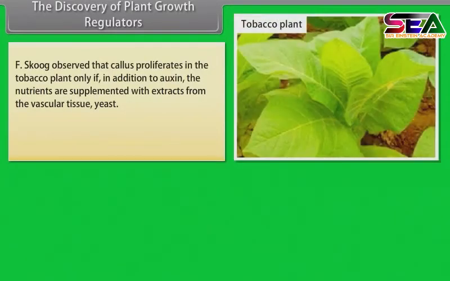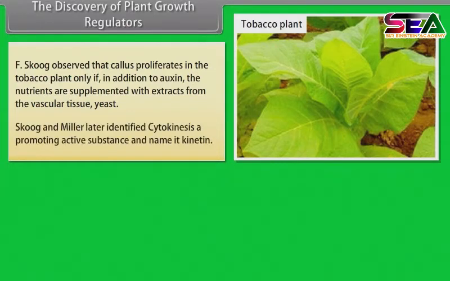The discovery of plant growth regulators. F. Skoog observed that callus proliferates in the tobacco plant only if, in addition to auxin, the nutrients are supplemented with extracts from the vascular tissue or yeast. Skoog and Miller later identified a cell division promoting active substance and named it kinetin.